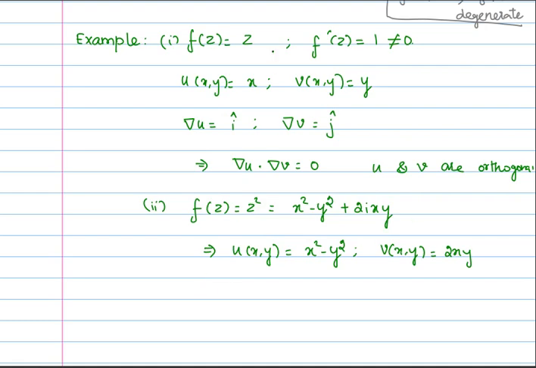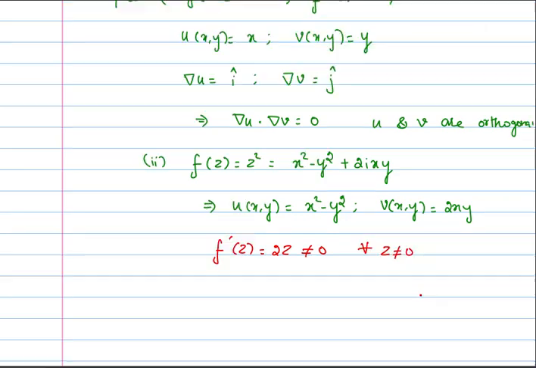Now I want to check whether any degenerate points will be there. We take f prime of z is 2z, which is not equal to 0 for all z not equal to 0. So we need not consider the point z equal to 0.